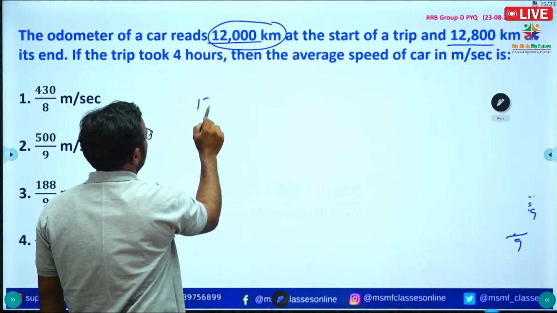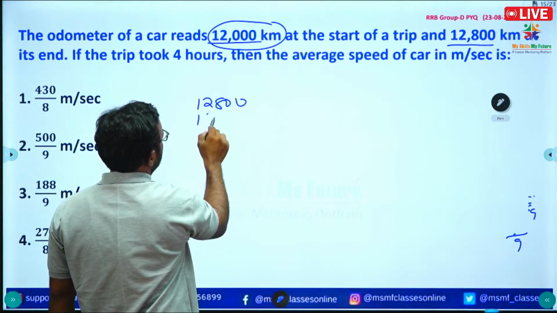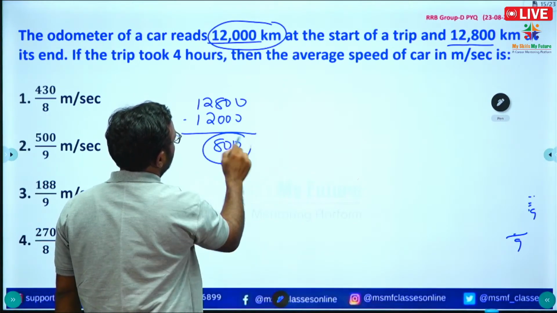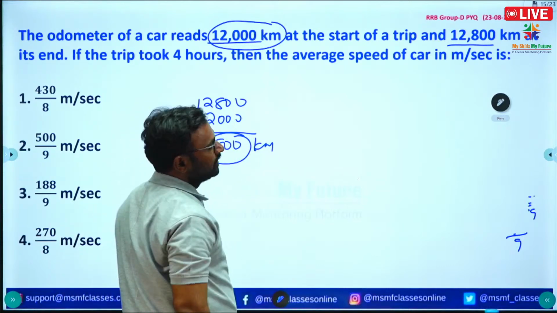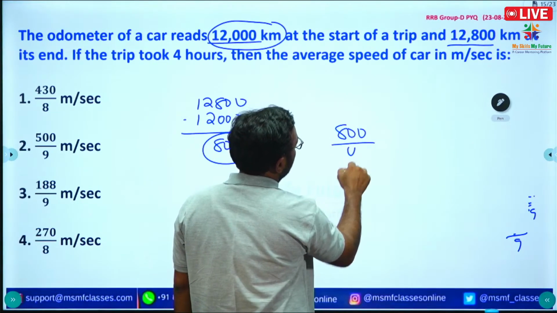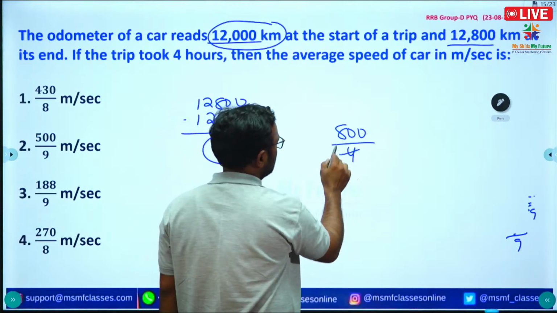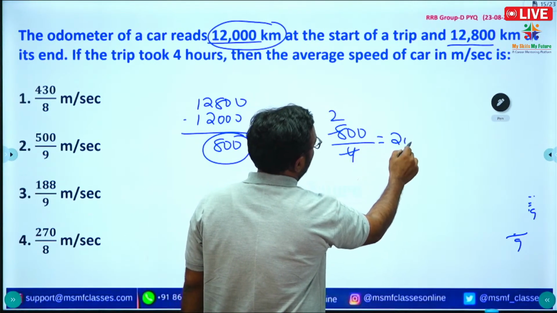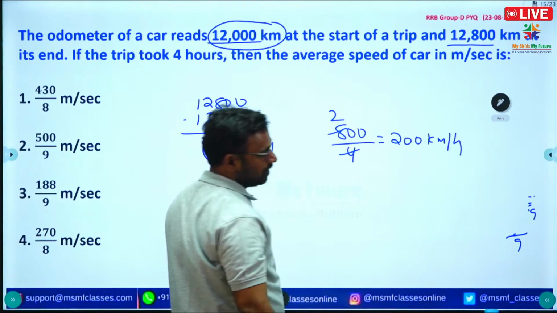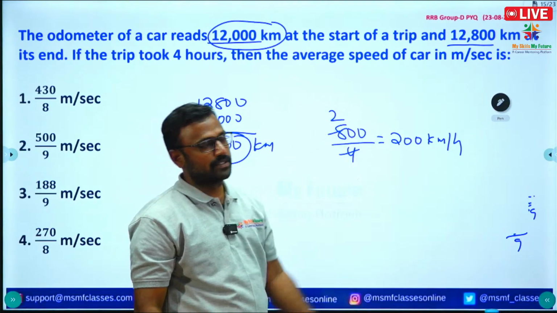So 12,800 minus 12,000, we get the car travels 800 kilometers in 4 hours. So 200 kilometers per hour is the speed of the car, but they have given it in meters per second.